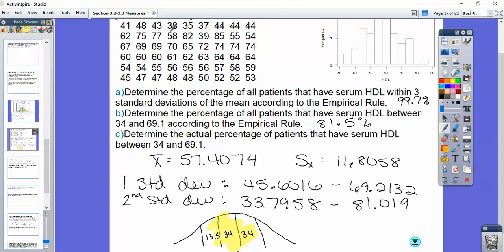So smaller than 34 and bigger than 69. Is that 9 values that I took off?